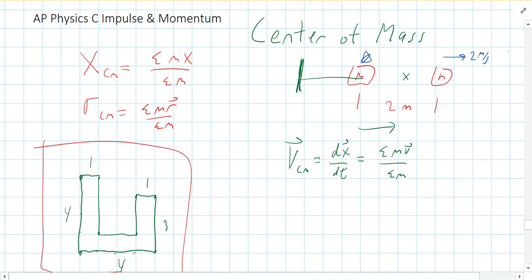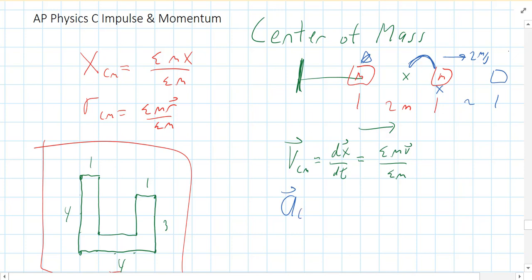After 1 second, it will be 4 meters from the other mass, right? And our center of mass will now be at the 2 meter mark from the left mass. So how far did the center of mass move? It moved 1 meter, so its velocity would be 1 meter per second. That's an example of watching center of mass move.